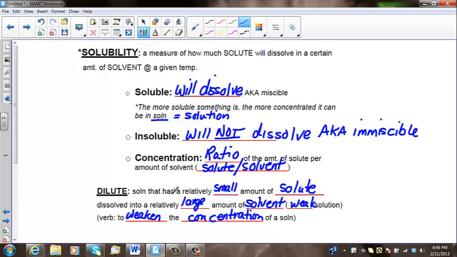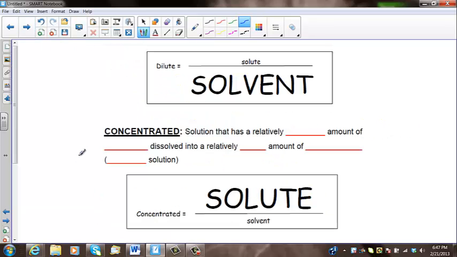So if dilute has a small amount of solute in a large amount of solvent, then what do you think concentrated is? So concentrated, a solution that has a relatively large amount of solute dissolved in a relatively small amount of solvent.